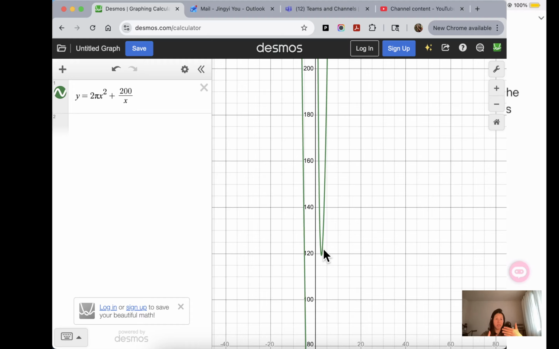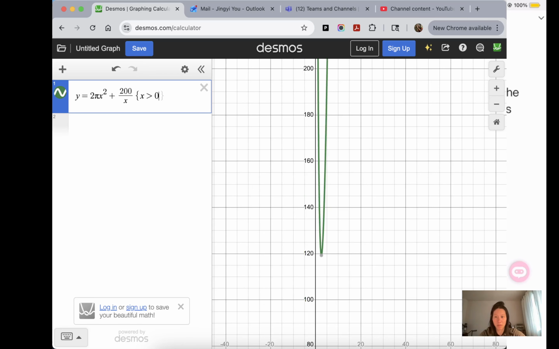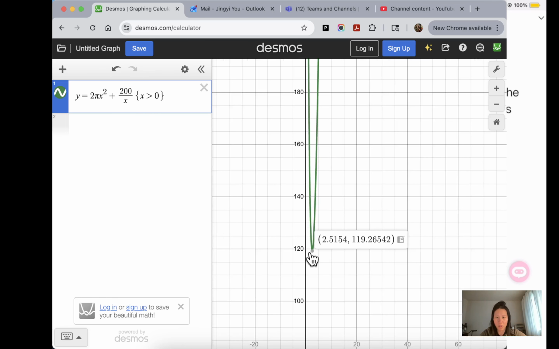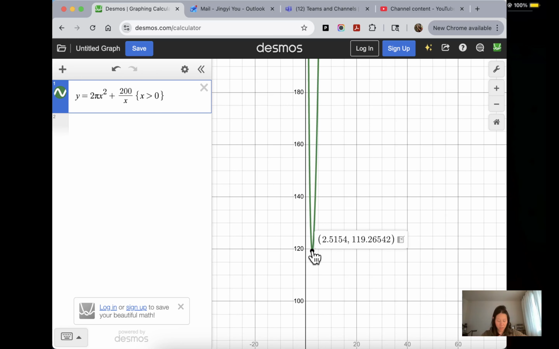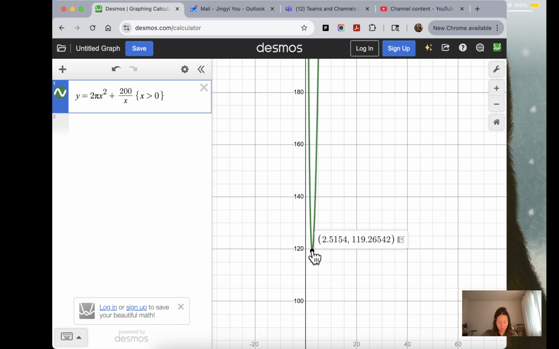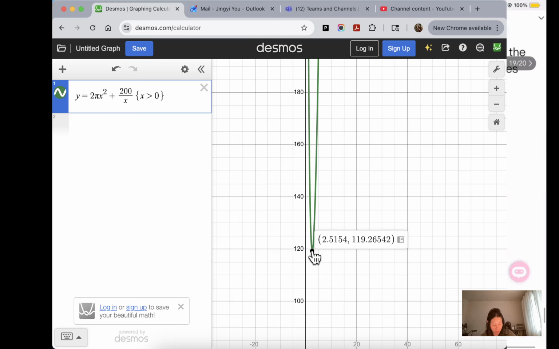Because x represents the radius, we need to restrict x to be greater than 0. So here's the graph. The lowest point is here, at x about 2.514. So that means the minimum surface area would be 119.265. I'm going to write this down.